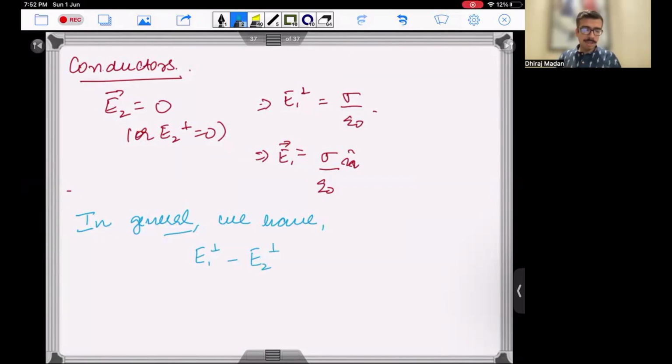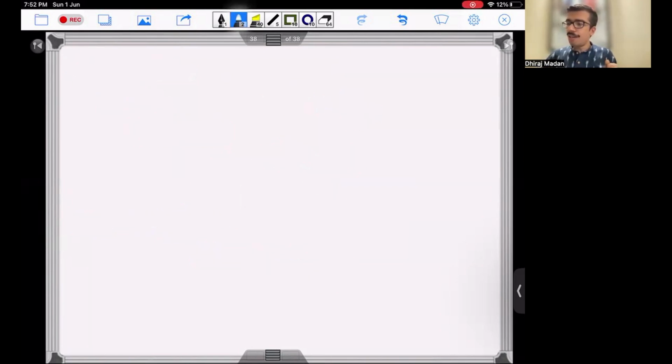In general, we can also have parallel components along the surface, but the difference in the perpendicular components is this much. We cannot say that E2 perpendicular is zero, or that E1 parallel and E2 parallel are zero. We cannot say all that. And remember, you have already seen something similar for the infinite plane sheet also.